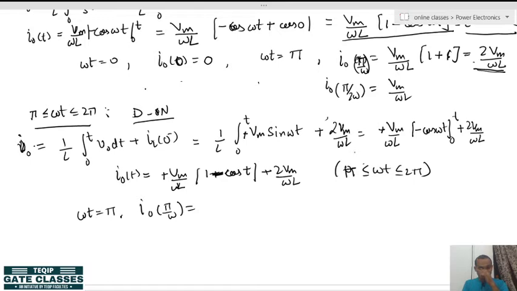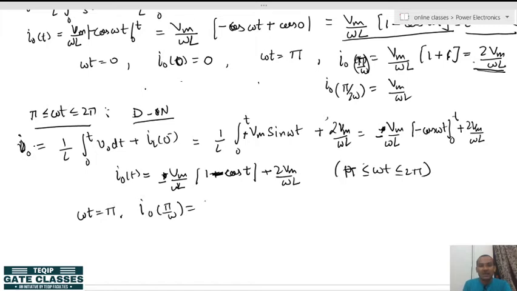So, when you solve it, what we will get here at i naught pi by omega, oh yes, we are talking about 0 to t. When you are talking about 0 to t between pi to 2 pi, you will get the same value. Please note one thing, here pi is represented as 0, so either I have to shift the waveform or consider it as the 0 instant.